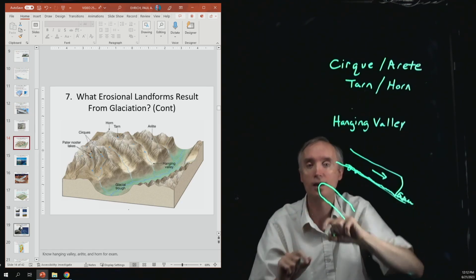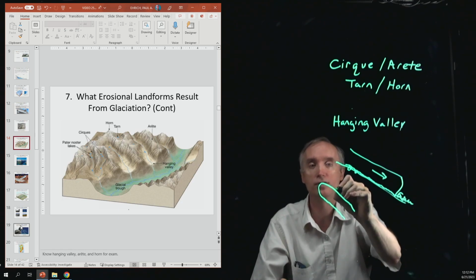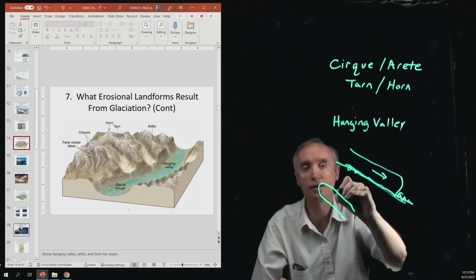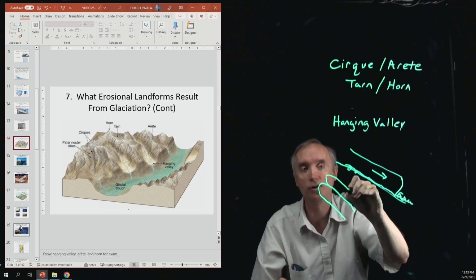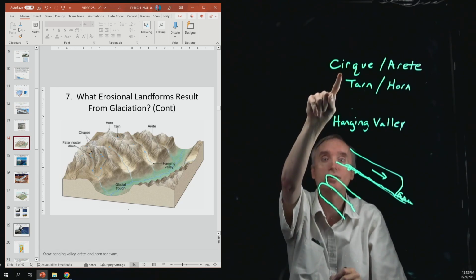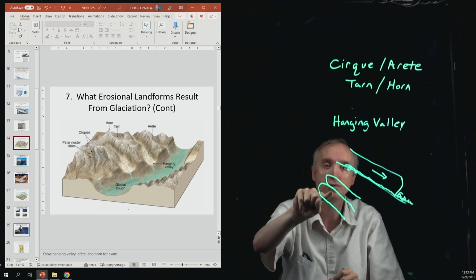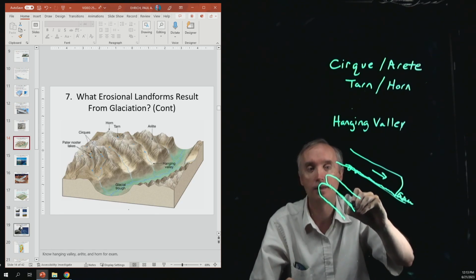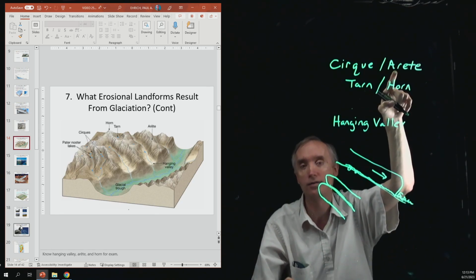And then you also have the arête, which is going to be the sharp edges. Let's say that there is another valley over here. You have a low point, that's going to be the cirque, and then in between the two low points is going to be kind of like a knife edge, and that is going to be the arête.